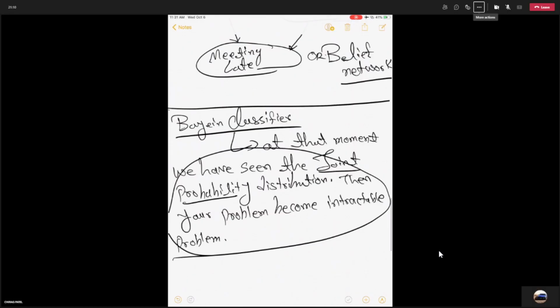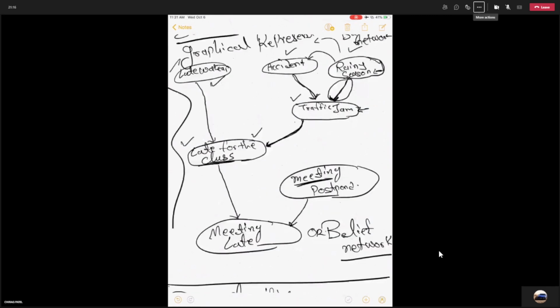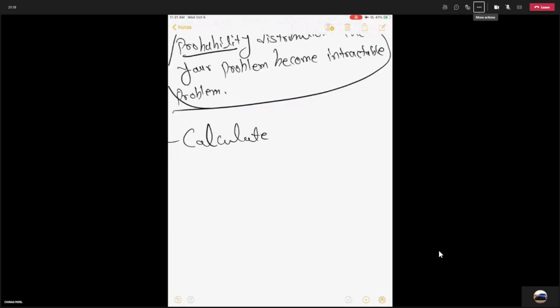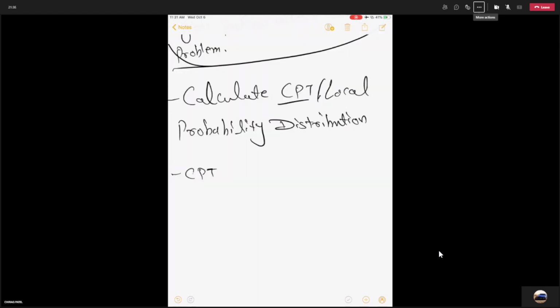Now, after creating this graphical model, what do we need to find out? Now we need to calculate the CPT, or you can say the local probability distribution, or you can say the CPT means conditional probability table at each node.